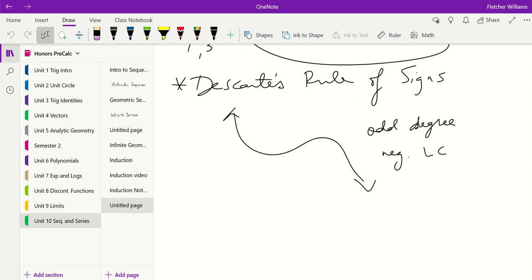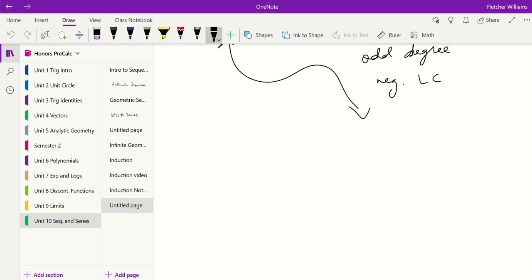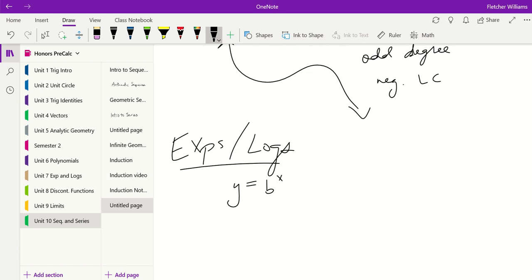Exponentials and logarithms. Since we just have minutes, let's just talk about the general shapes of the graphs. So y equals, let's say, some exponential, b to the x. It looks like what? Ian's got it. It looks like this.